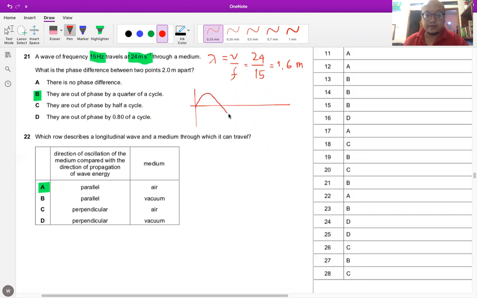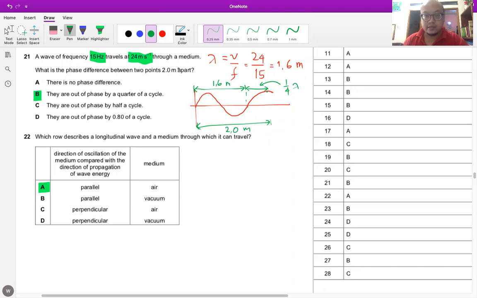So when we have a wave like this, the wavelength is about 1.6 meter. When the point is 2.0 meter away, we have still about a fourth of lambda. Is it correct?